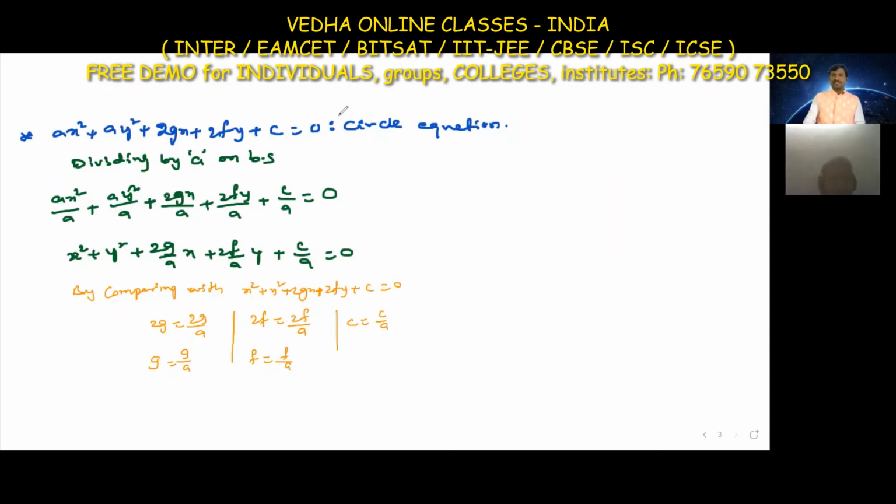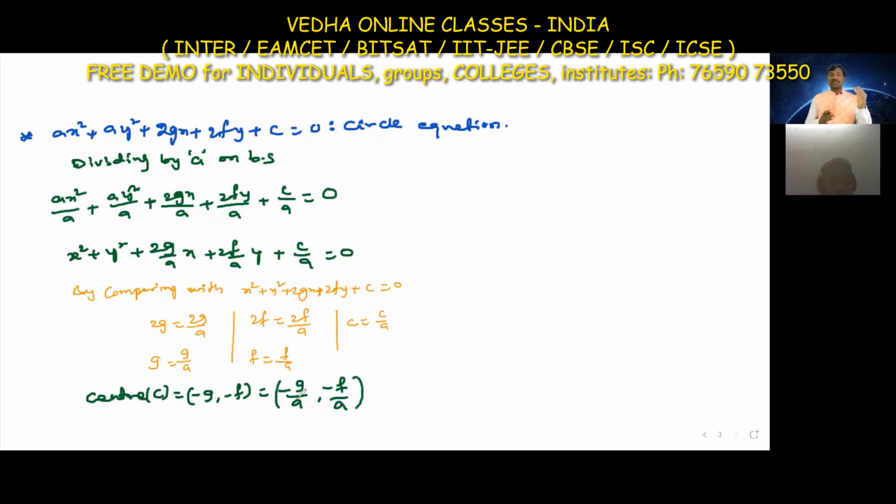Okay, so now what is the center here? Center is equal to minus g comma minus f for the general equation. That means minus g by a comma minus f by a is the center of the circle.